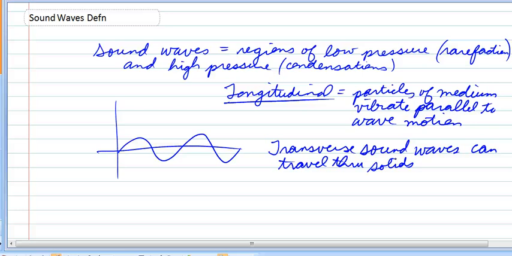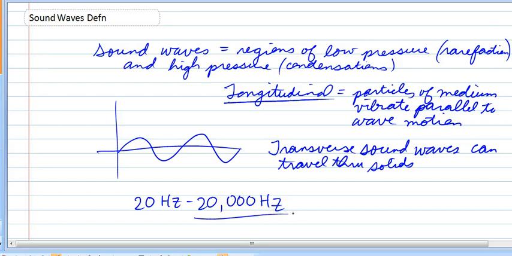I have a neat little demo I'll show you in class with a tuning fork that displays the same thing. Most people will hear anywhere between 20 Hertz to 20,000 Hertz in terms of frequency, and this depends on your age. We'll talk in class about what happens as you get older and you lose that upper end of the hearing range.